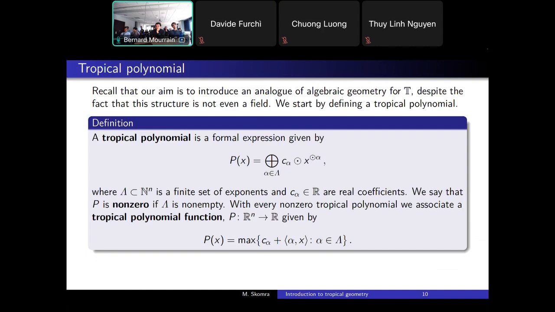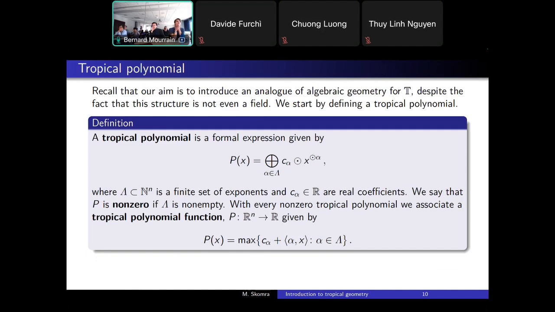So if I interpret this as maximum and this thing as addition, so exponentiation is now multiplication, and this is addition, then I get that the evaluation of this polynomial is this function. So it's the maximum of a bunch of affine functions. Is this okay so far? Okay, so the tropical polynomial is a maximum of a bunch of affine functions.